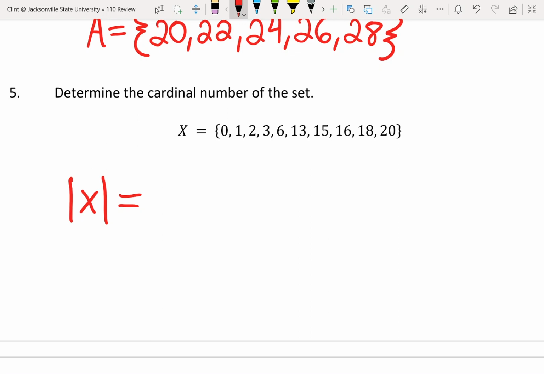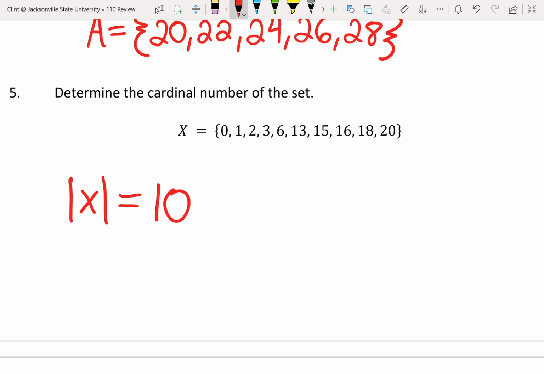We're missing some. 1, 2, 3, 4, 5, 6, 7, 8, 9, 10 elements in there. Our cardinal number is 10. That's really like a vocabulary problem. Just see if you remember what cardinal number is. Okay.